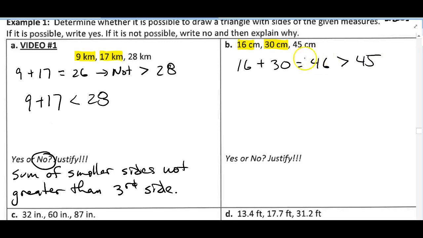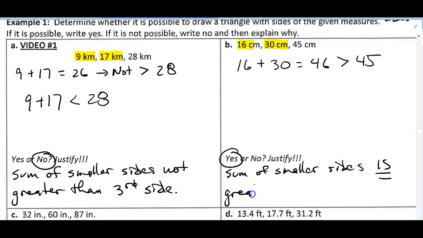So the sum of the two smaller sides is greater than the third side. So this will be a triangle. Justification: sum of smaller sides is greater than third side.